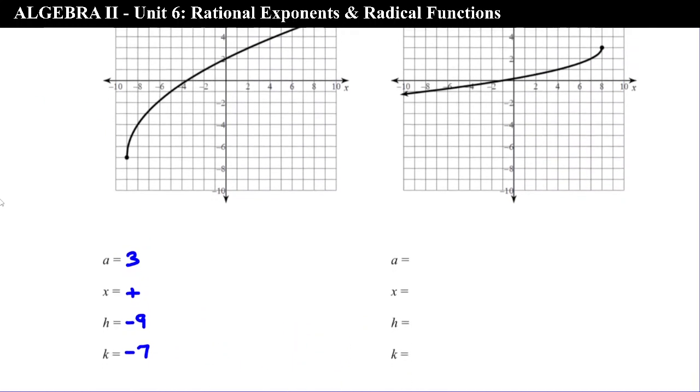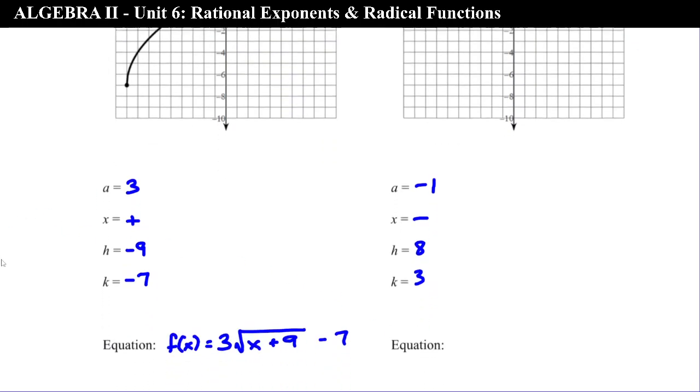All right, let's look at the next example. Our a for this one is going to be negative, and so will our x, because we've reflected not only across the x, but also across the y. So both of these will be negative, and our value for a is going to be 1, because we go over 1, down 1, and we hit the graph. So there's no stretch or compression. hk is our coordinates, 8, 3.